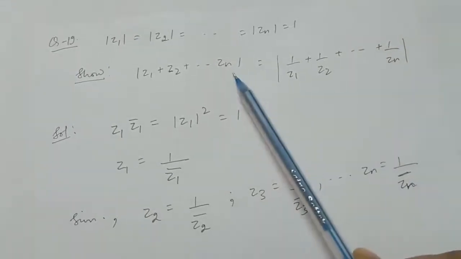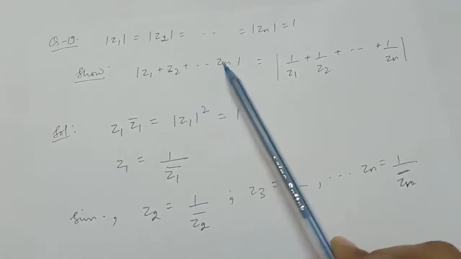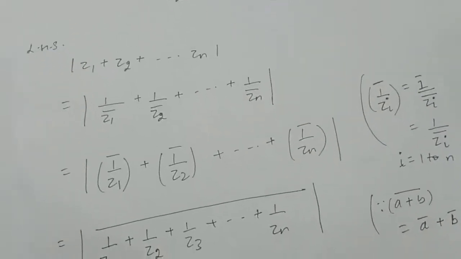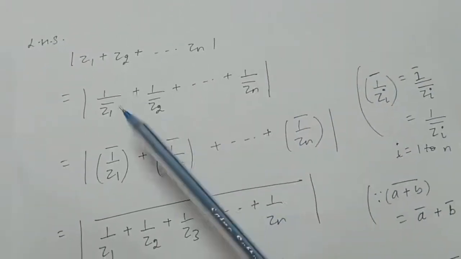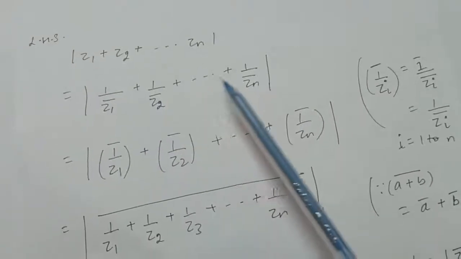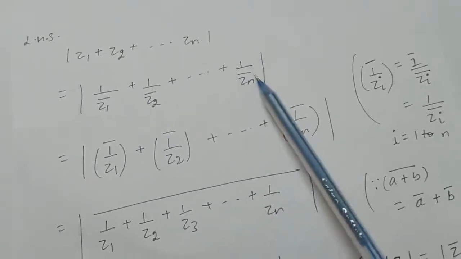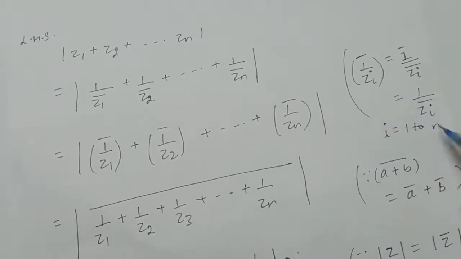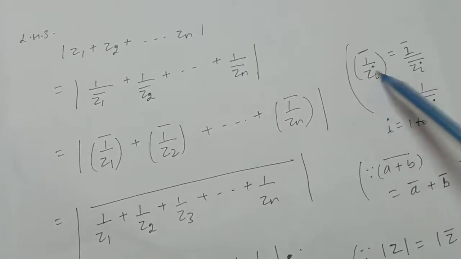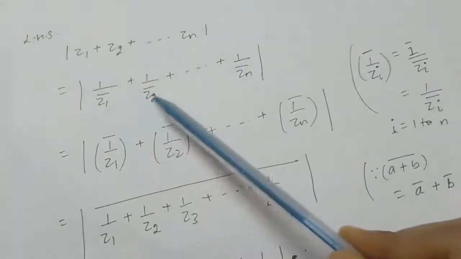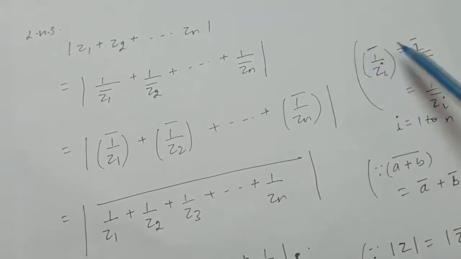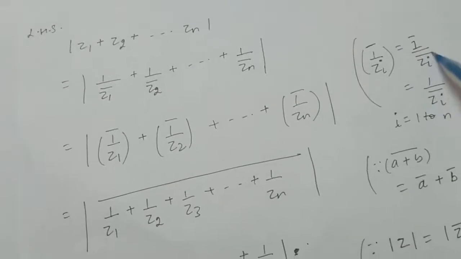Now here in the left hand side, in place of z1, z2 up to zn, I will write this and so on, right? So left hand side will now become modulus of 1 upon z1 conjugate plus 1 upon z2 conjugate and so on, 1 upon zn conjugate, right? Now see, if i goes from 1 to n, that is if zi is any of z1, z2 or zn, 1 upon zi whole conjugate will be 1 conjugate upon zi conjugate.